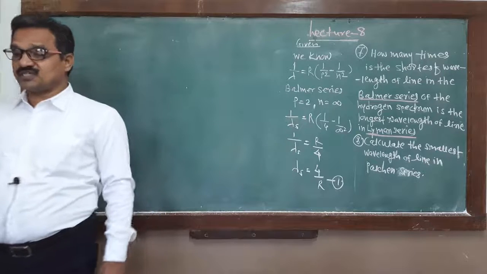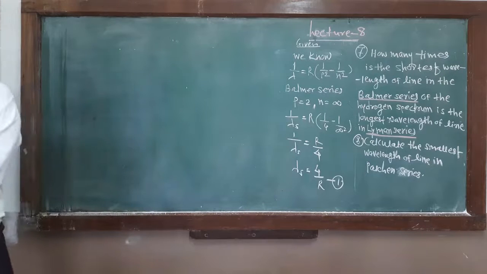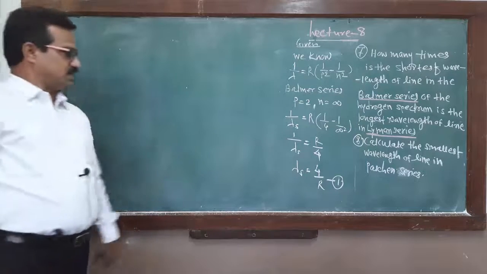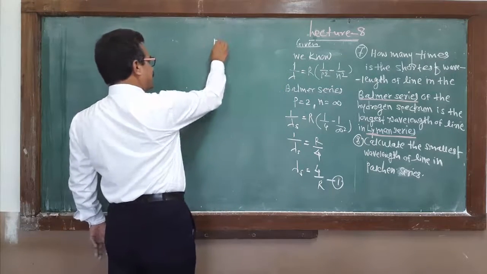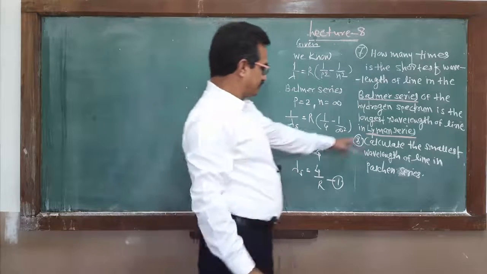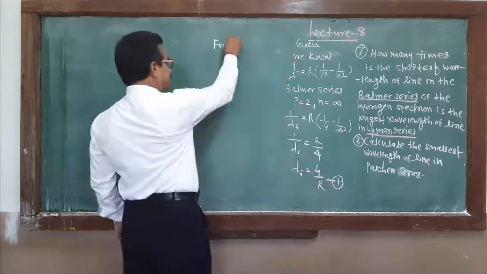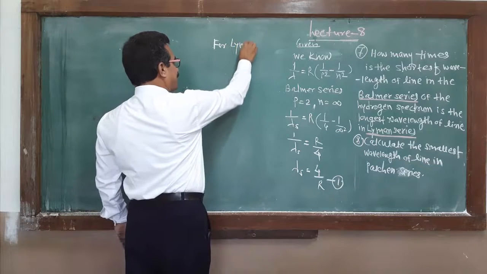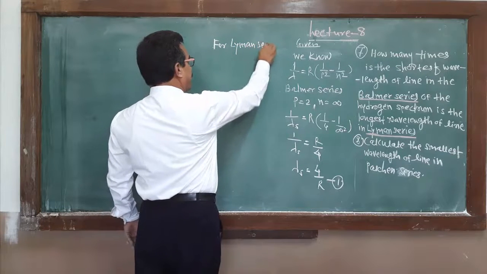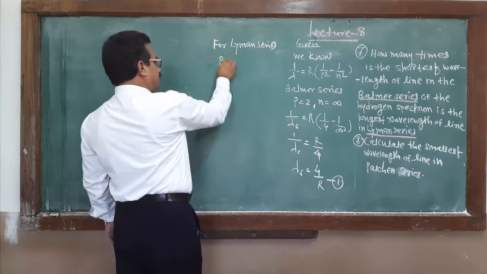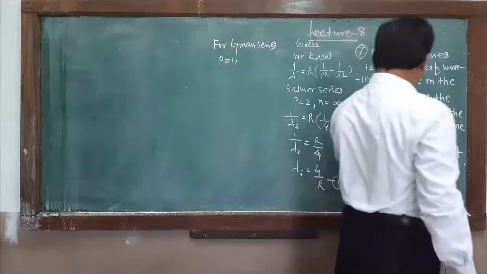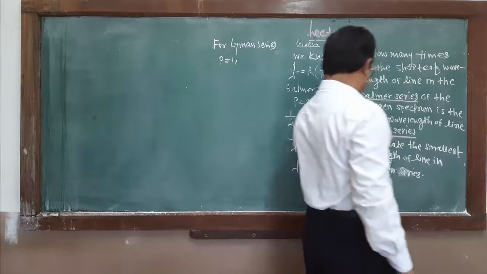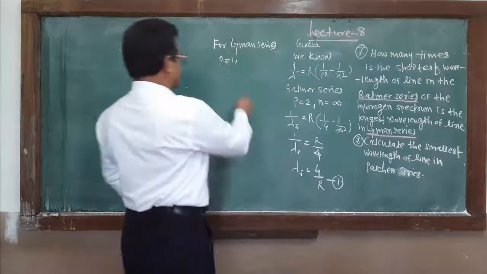This is the shortest wavelength in Balmer series. Use again the same formula for Lyman series. P is equal to 1. Which wavelength? Longest wavelength means n is equal to 2.